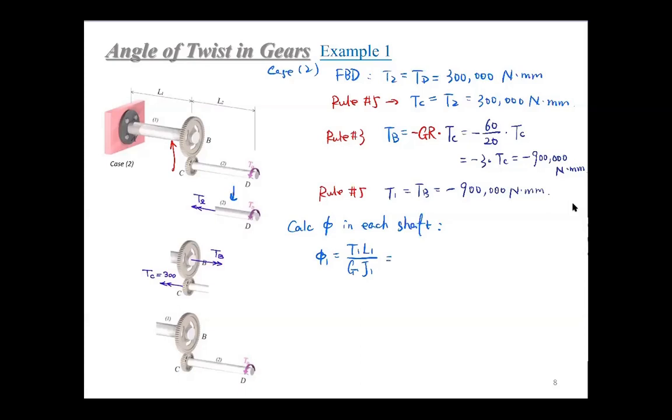And the numbers have all been there. Keep them all in Newton millimeter and MPa. So you can get the result, which is negative 0.0397 radian. And phi 2 will be T2 L2 over G2 J2, so it will be positive 0.03556 radian.